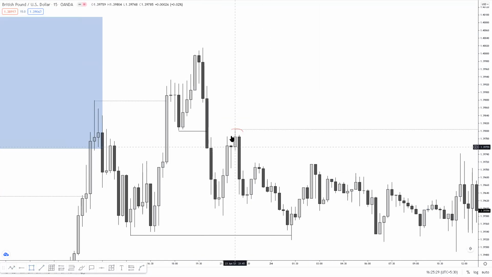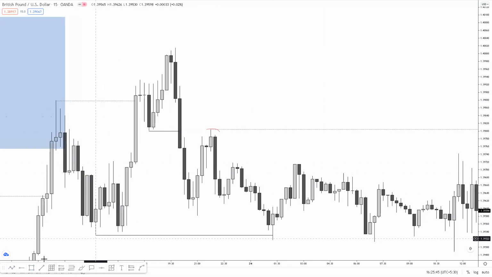Now we know the inducement is right here, so we go for the closest order block. On the 1 minute there was a push up before breaking this structure, because this is the major structure that has to be broken. On this area right here, there was an order block.